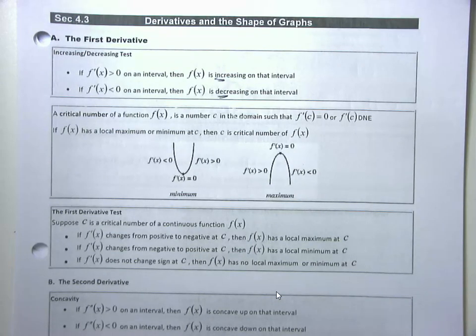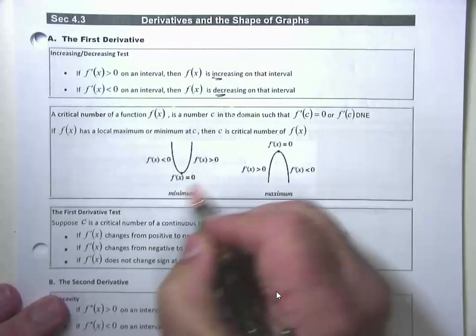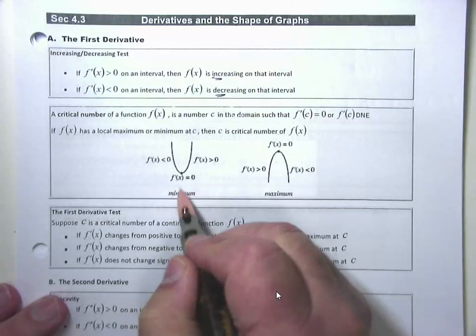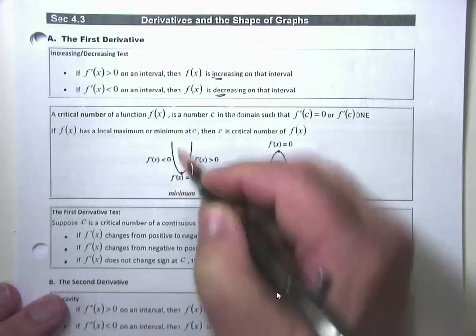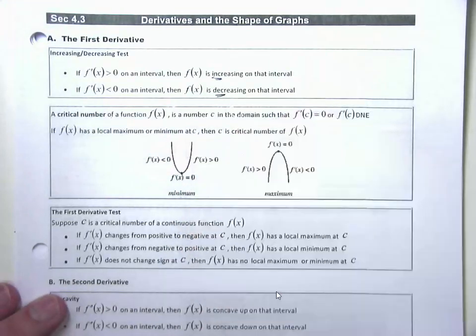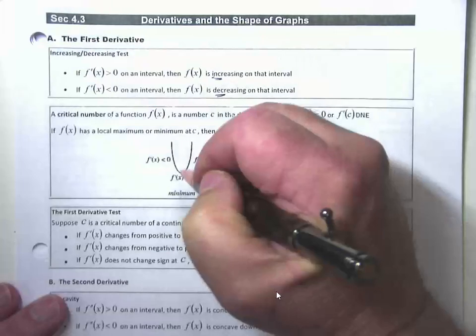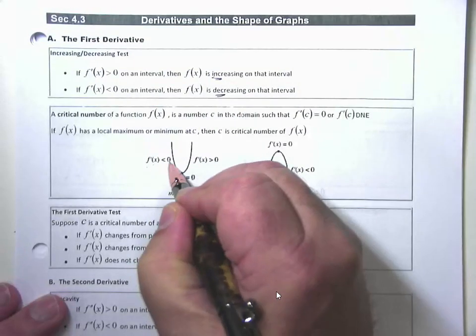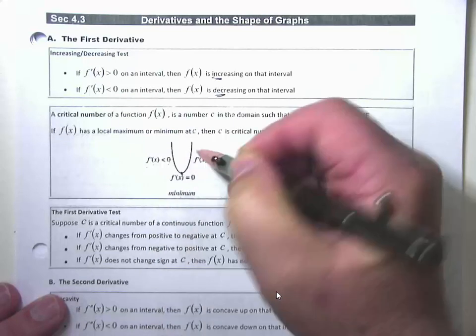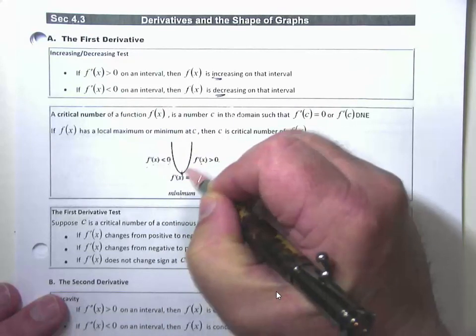Now, here's the big deal. If you analyze this, what are the critical numbers where the derivative equals 0? Now, it's a minimum point. How do you become a minimum? You go down and then you go back up again. To go down means the derivative was decreasing. First derivative is less than 0. You hit your critical point, and then you increase. The derivative is greater than 0.